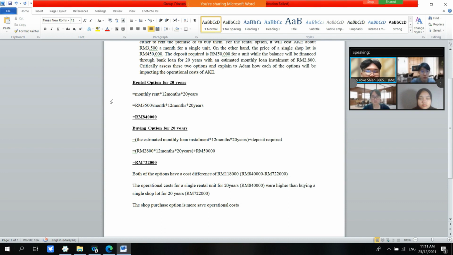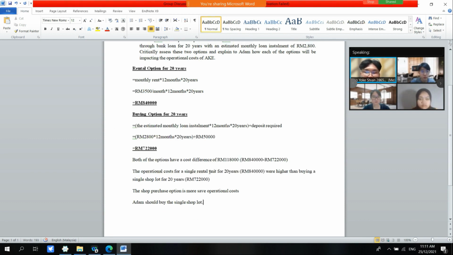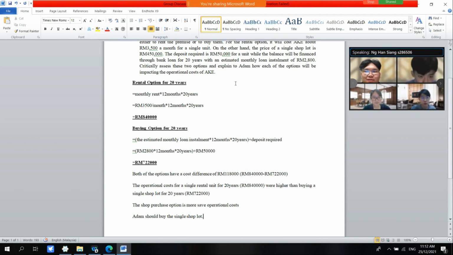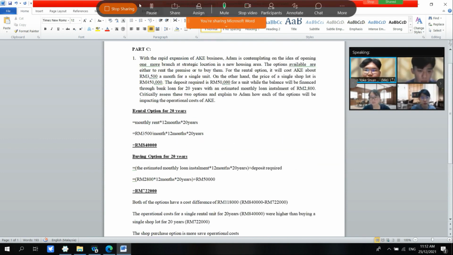So my conclusion is Adam should buy the single shop lot because the price is cheaper than the rental option. So do you guys agree with my answer? Yes, I agree. Okay. So I think this is the answer for question 1. So I will go to question 2 now.